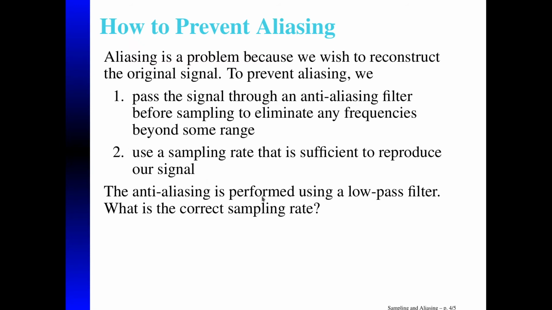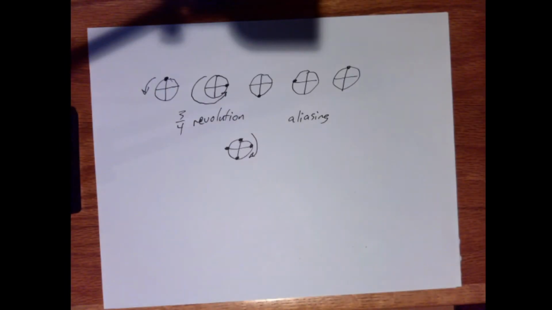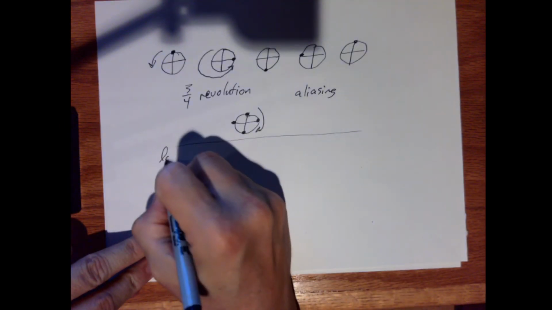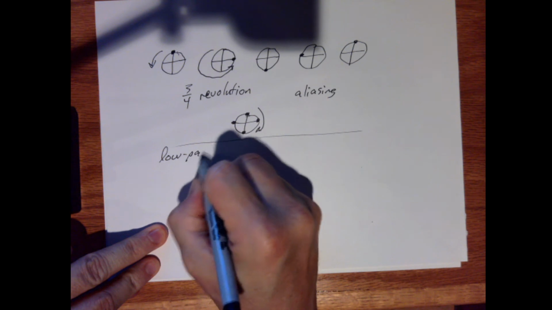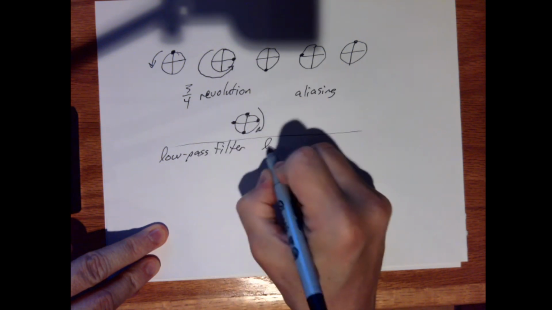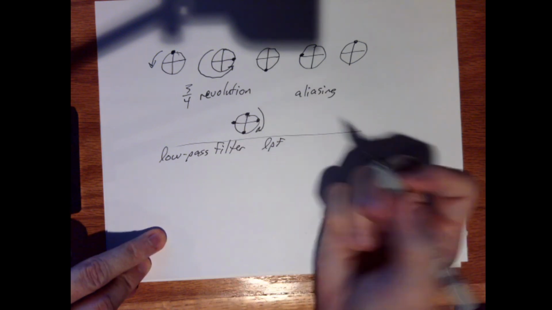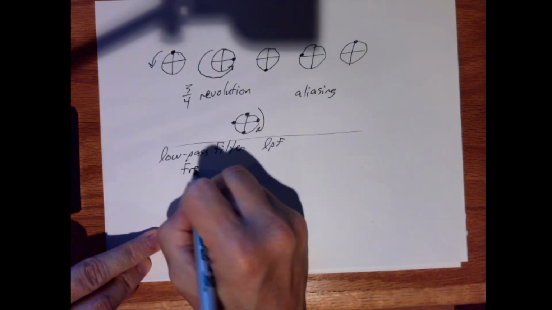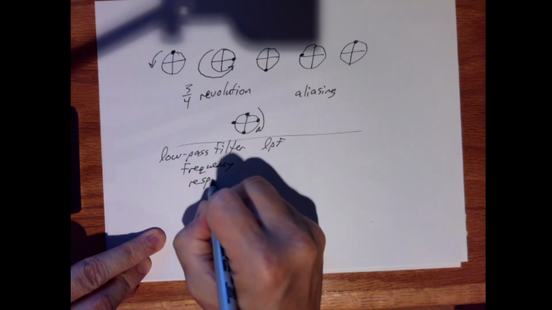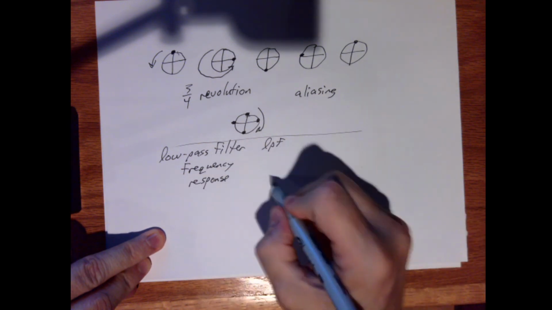And so an anti-aliasing filter uses what's called a low-pass filter. And let's see what I mean by that. So there's a number of standard filters. And so for a low-pass filter, which in the future I'll probably just write LPF, it has what's called a frequency response that looks like this.